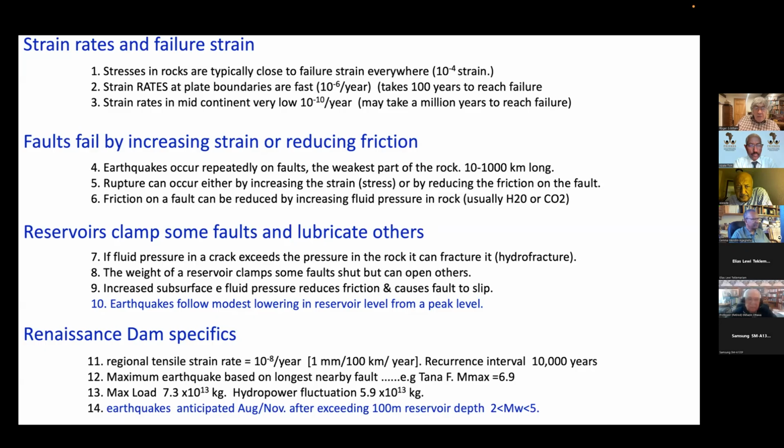And then I'm going to talk about reservoir-induced seismicity briefly, and then focus on the Renaissance Dam.